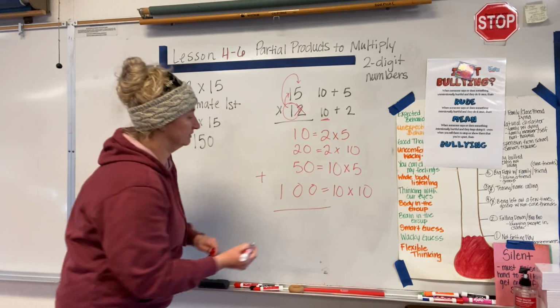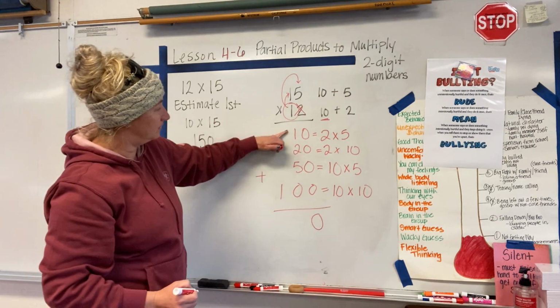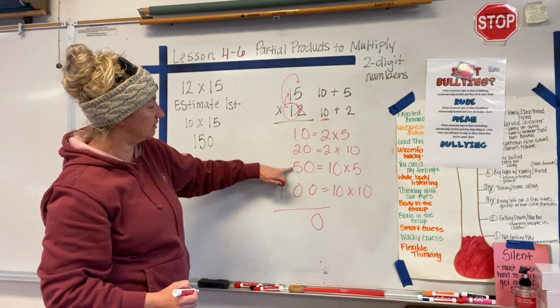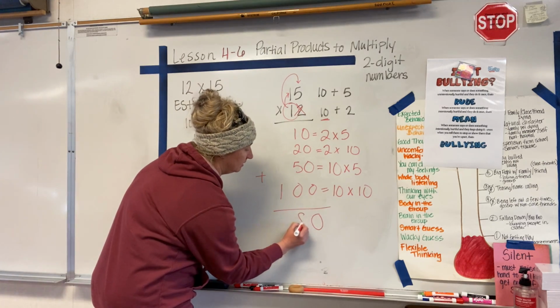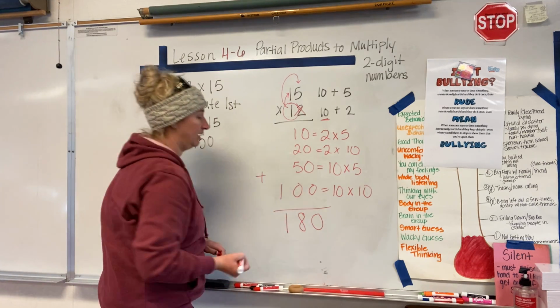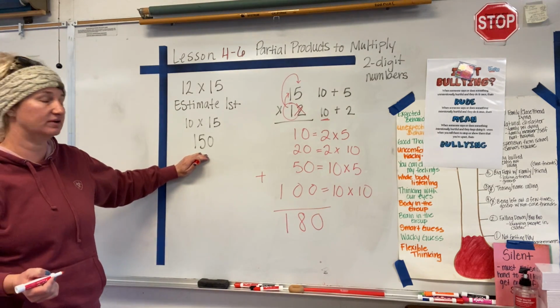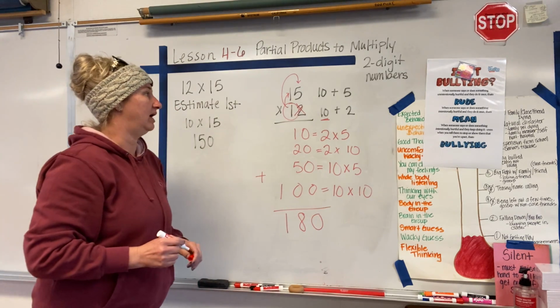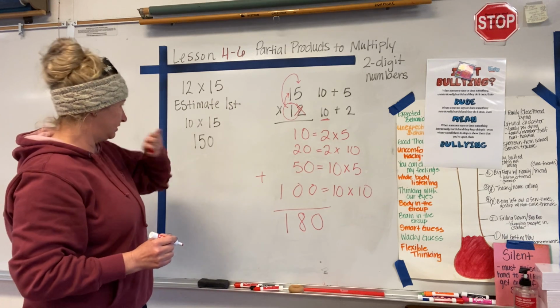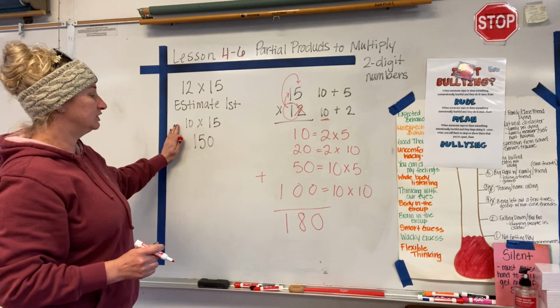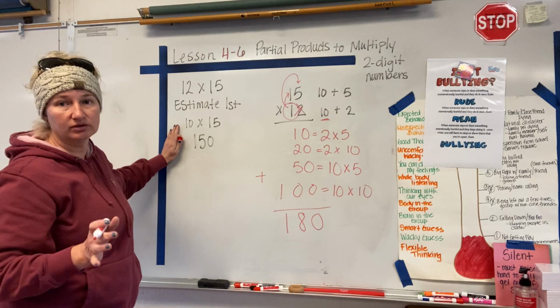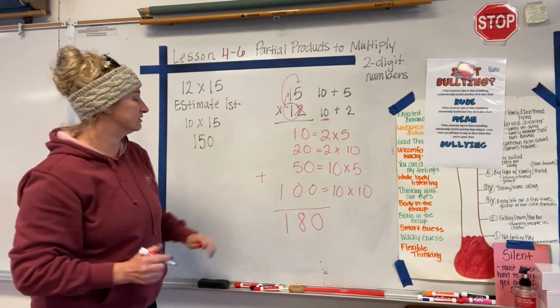So we've got 0, and then 1, 2, 3 plus 5 is 8, and then a 1. Okay, so my actual answer is 180, which is pretty close to 150, so I feel like I did that right. Okay, and that's just comparing to your estimate to make sure your answer is close. So the real answer is 180.